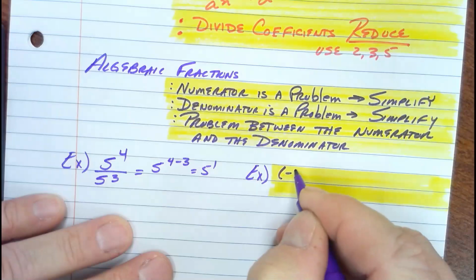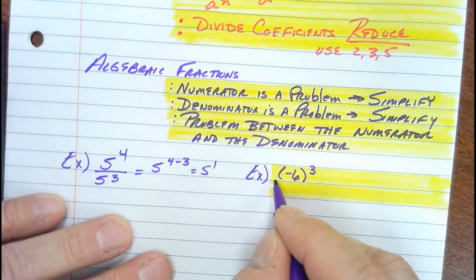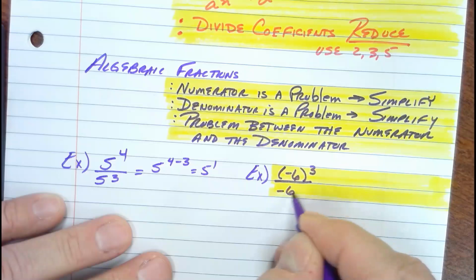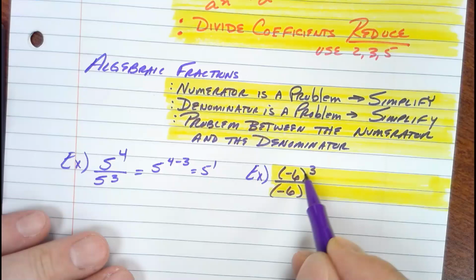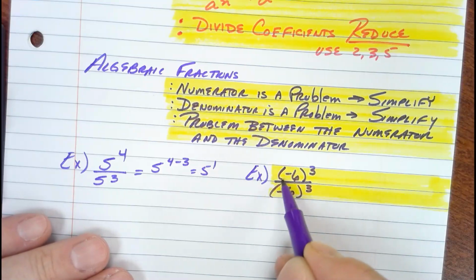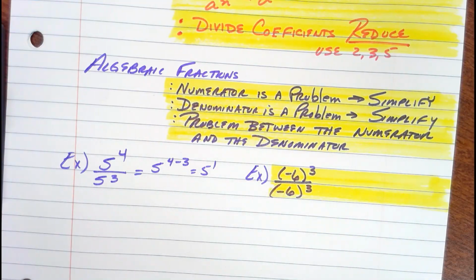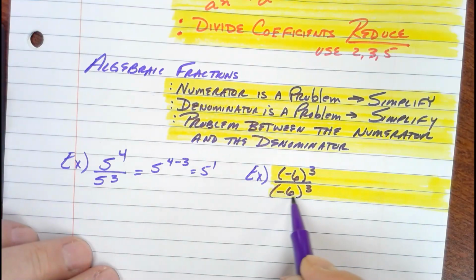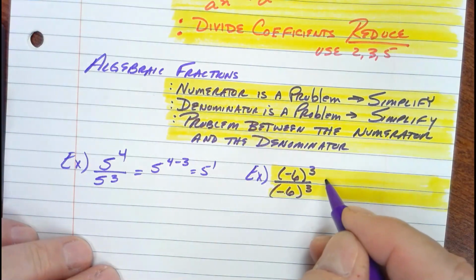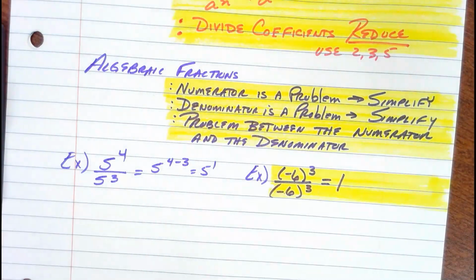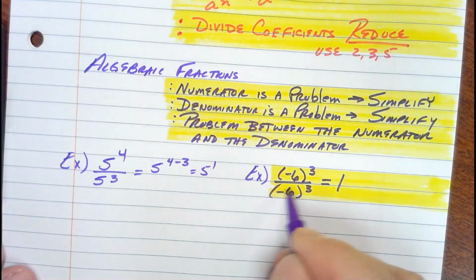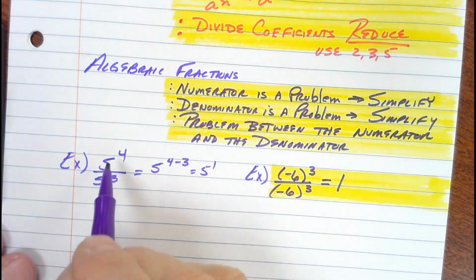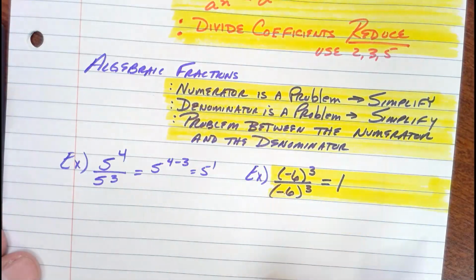I have negative 6 cubed over negative 6 cubed. Now, the part that the exponent's acting on is this base that's inside parentheses. It is similar in the denominator, and any number over itself is equal to 1. Okay? These bases inside the parentheses are exactly the same. So it's the same example over here.